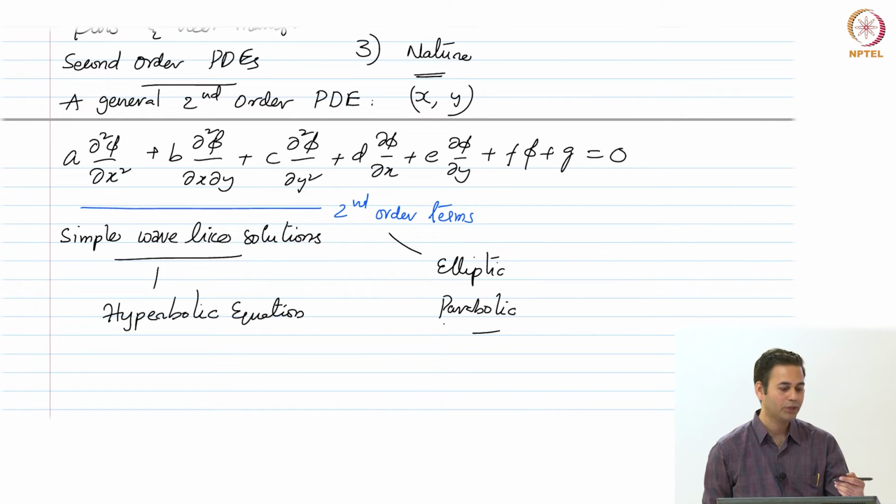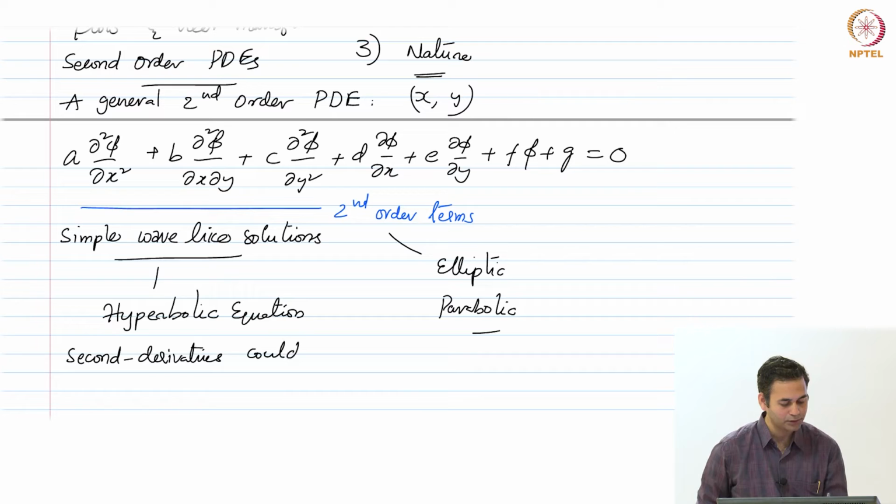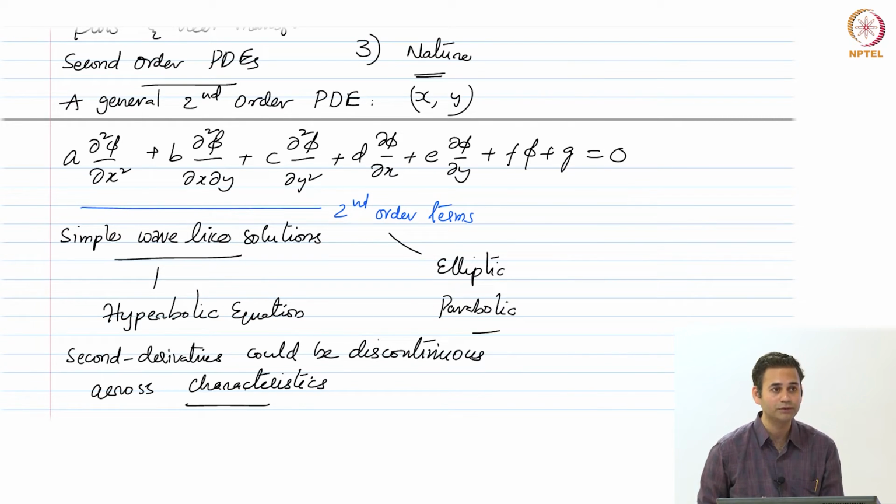So, we are assuming that second derivatives could be discontinuous across something that is known as characteristics. These characteristics could be thought of as the shock waves. We invoke this as well as the continuity of the first derivatives, and we come up with a characteristic equation.